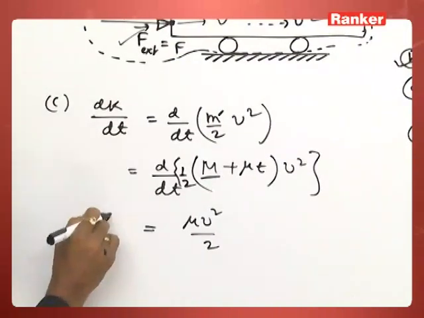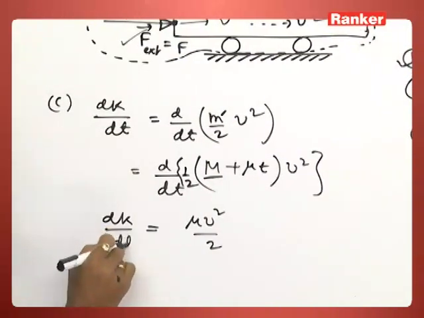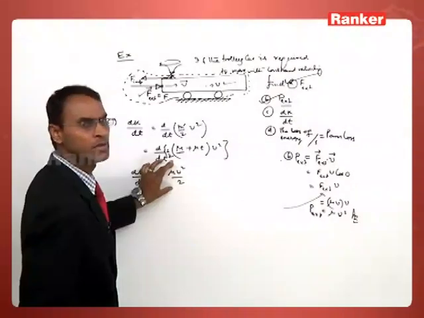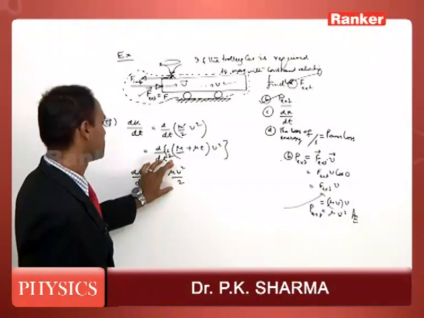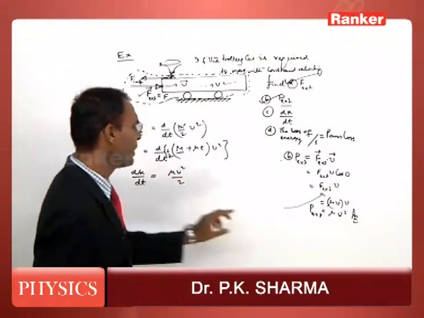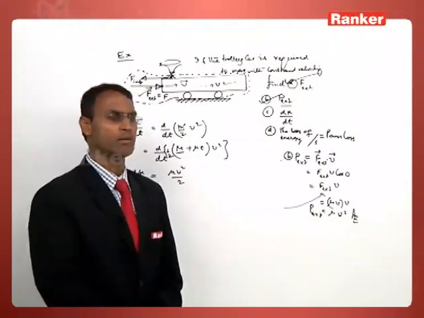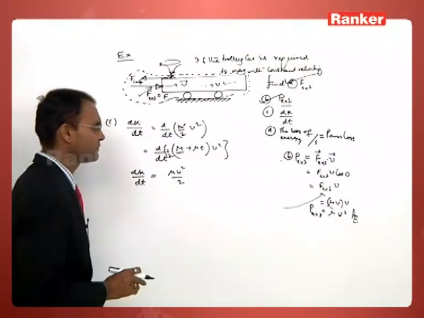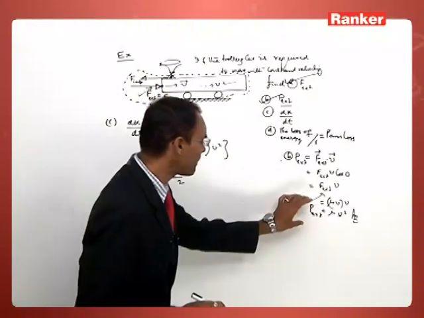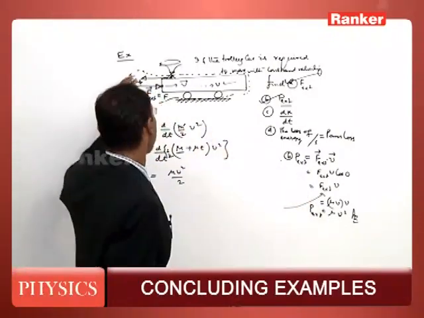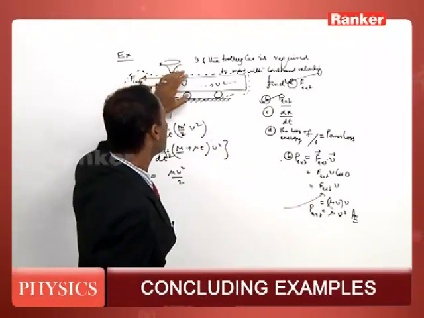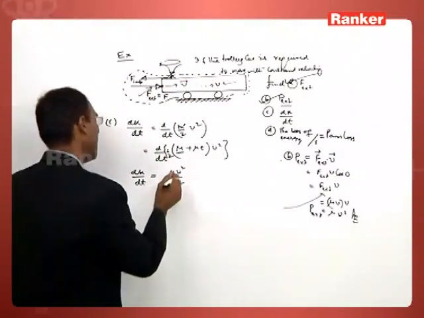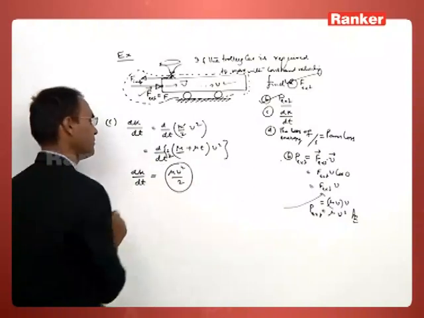It is interesting to note that the rate of change of kinetic energy is exactly equal to 50% of the external power. This physically signifies that 50% of the energy supplied by this external agent to the system is utilized in increasing the kinetic energy of the system.